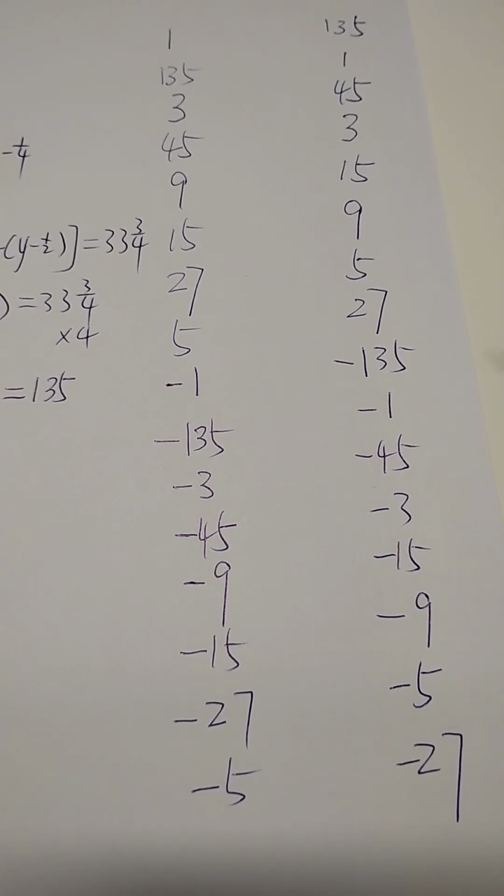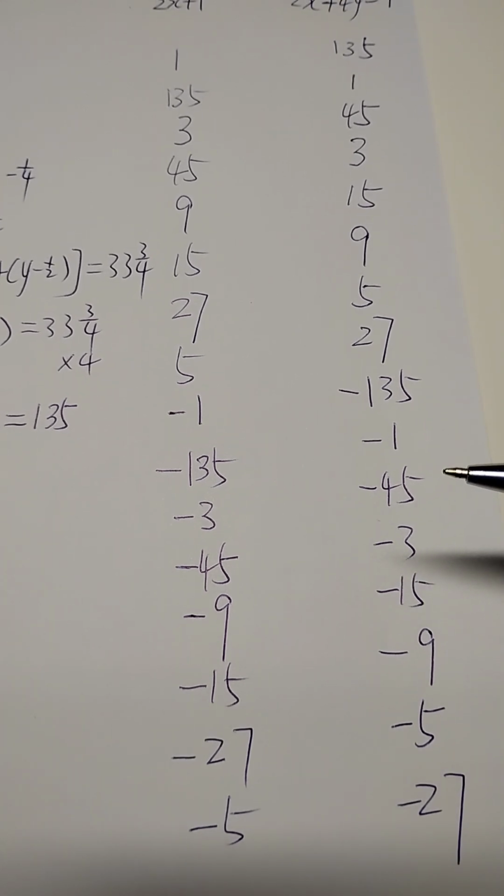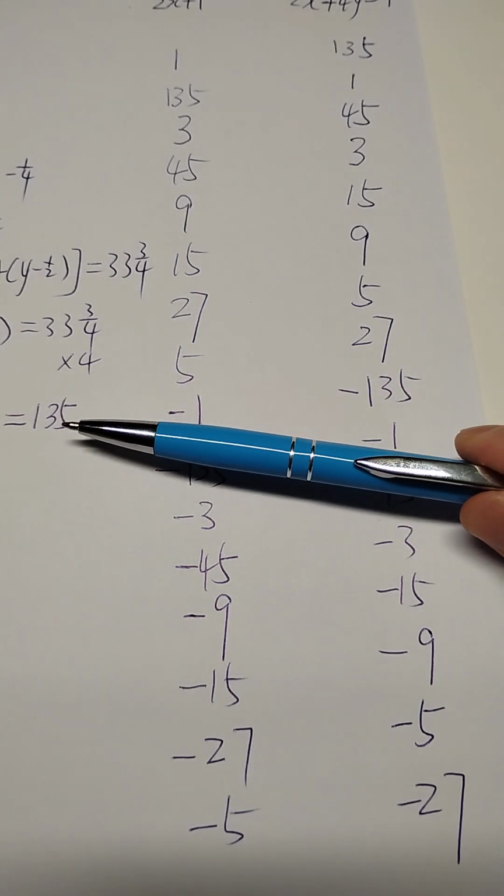So we have another 8 pairs. In total, we have 16 pairs whose product is 135.